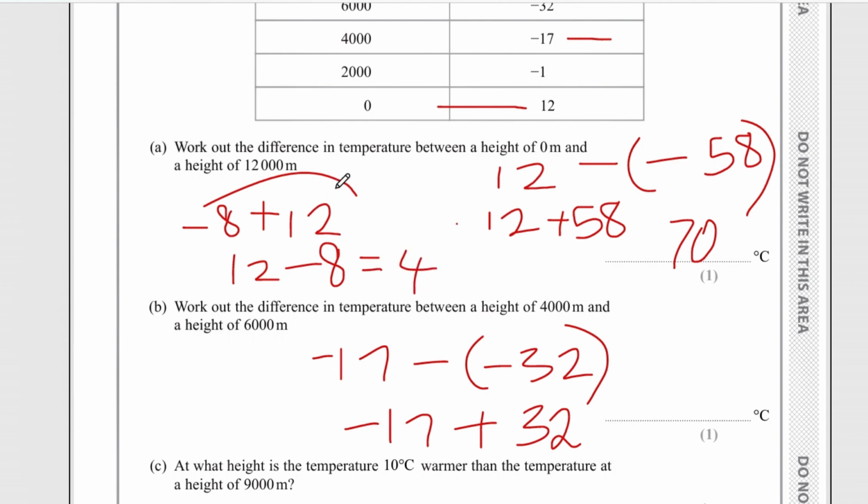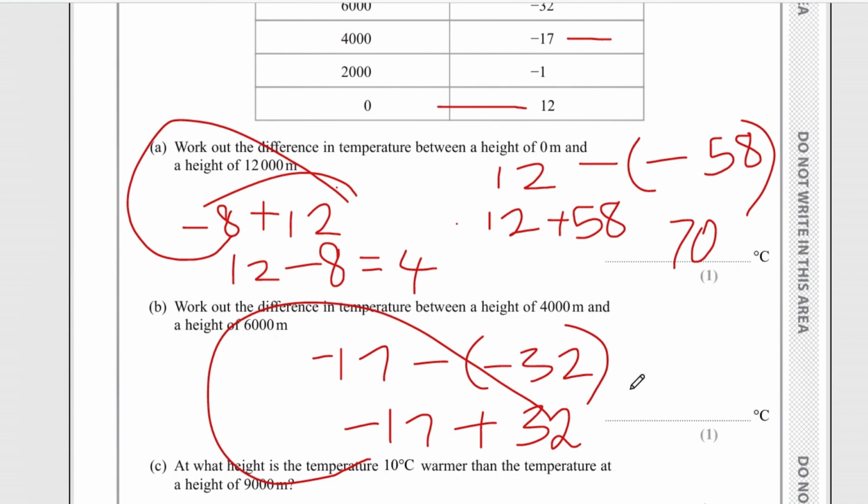Or the other way, start from the back and know that negative belongs to just 8, not the whole thing. So go 12 minus 8, which is 4. So in this case, let's go 32 minus 17, okay, and that will give us 15. So this is 15 degrees Celsius.